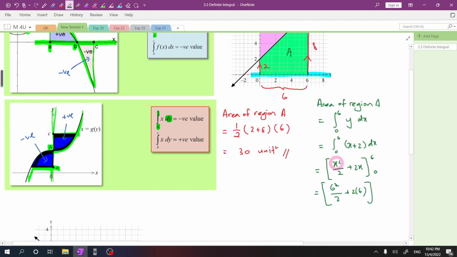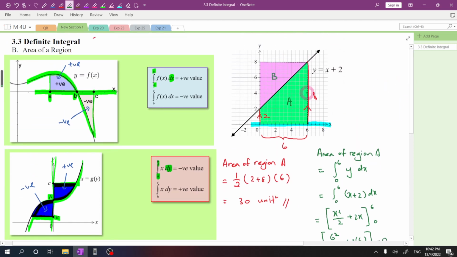When you bring in the 0, you will get 0. 6 squared is 36. 36 divided by 2, you will get 18. 2 times 6, you will get 12. And eventually, you will get 30 as well. Both will give us exactly the same answer.